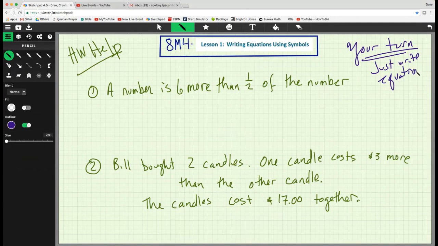You don't have to solve them. Just write the equations. So try these two. A number is 6 more than half of the number. And then Bill bought 2 candles. One candle costs $3 more than the other candle. The candles cost $17 together. So I want you to work on these two. So pause and try both, and then I'll work them.